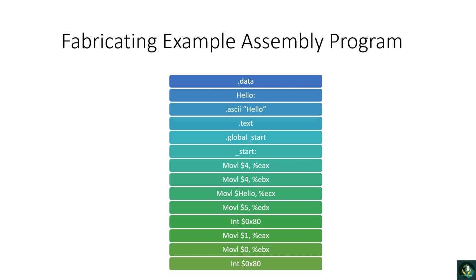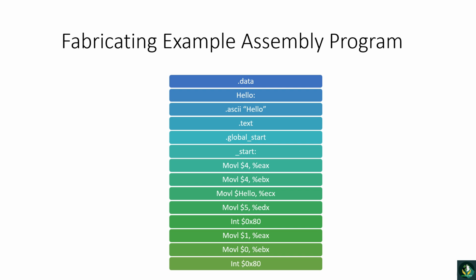The first one is .data, which initializes the data section. hello, which declares the variable. .ascii hello, which declares the data type of the variable. .text, which initializes the .text section. .globl _start, which defines the global start. _start, which defines the start of the code.